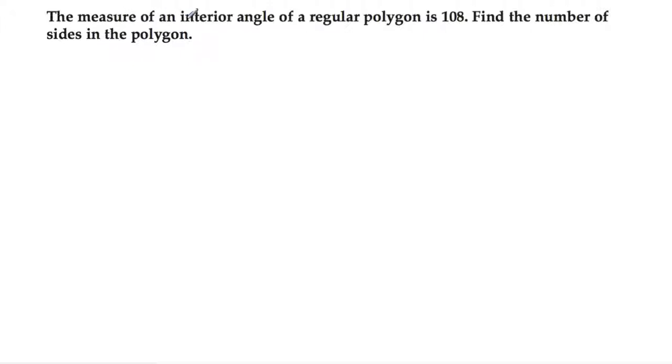So if I know that the measure of an interior angle of a regular polygon is 108, we want to find the number of sides in the polygon. Well, I don't know how much these angles add up to, but I know that one is. So if this is one interior angle, then an exterior angle is going to be 180 minus 108, which is 72.